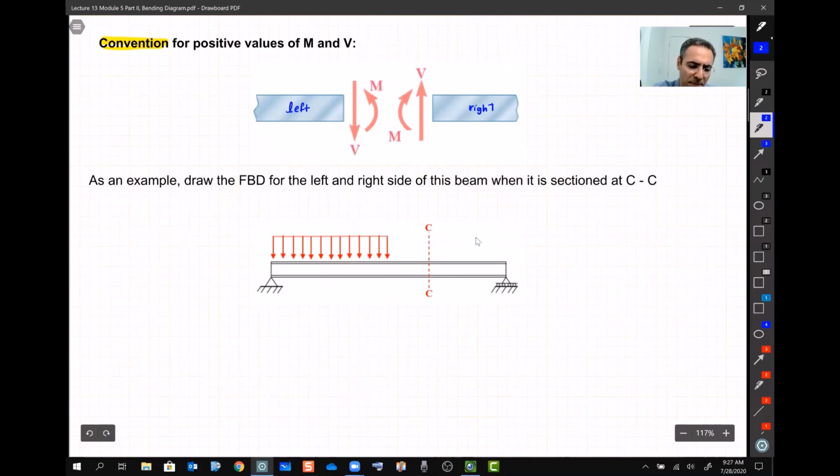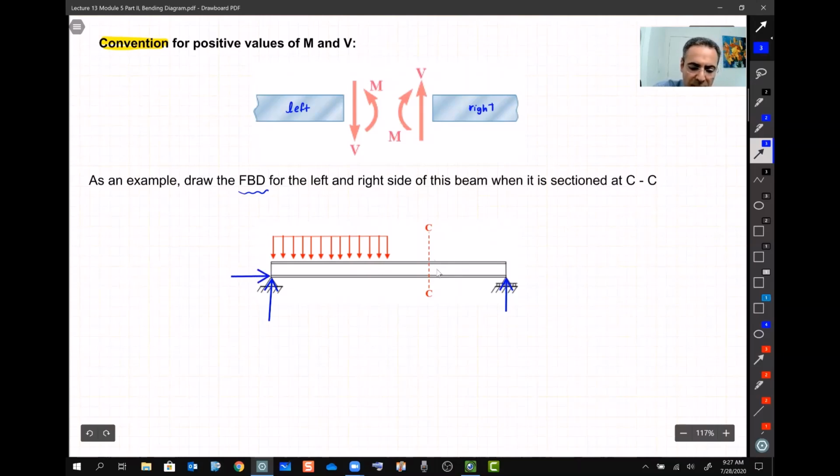So we have a beam, and in this example we want to draw the free body diagram, the FBD, when we cut this beam at point C, all right? Because of this load that I have, I know this beam is going to have two reactions, this one and this one. That we know.